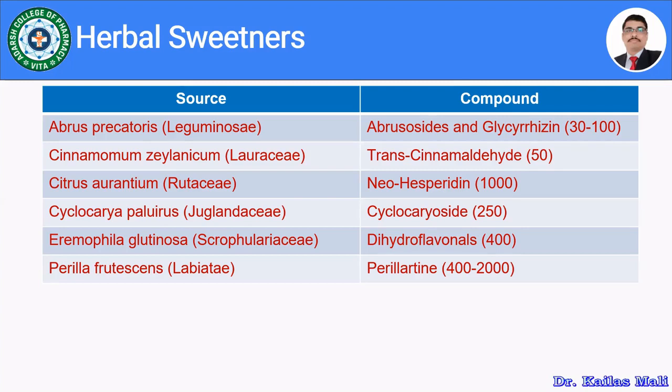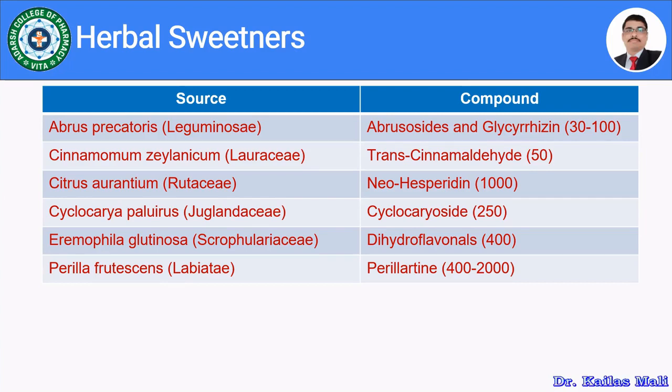Then Cyclocarya paliurus, belonging to family Juglandaceae, which comprises cyclocaryosides, approximately 250 times sweeter than sucrose. Then Eremophila glutinosa, belonging to family Scrophulariaceae, which comprises dihydroflavonols, approximately 400 times sweeter than sucrose.